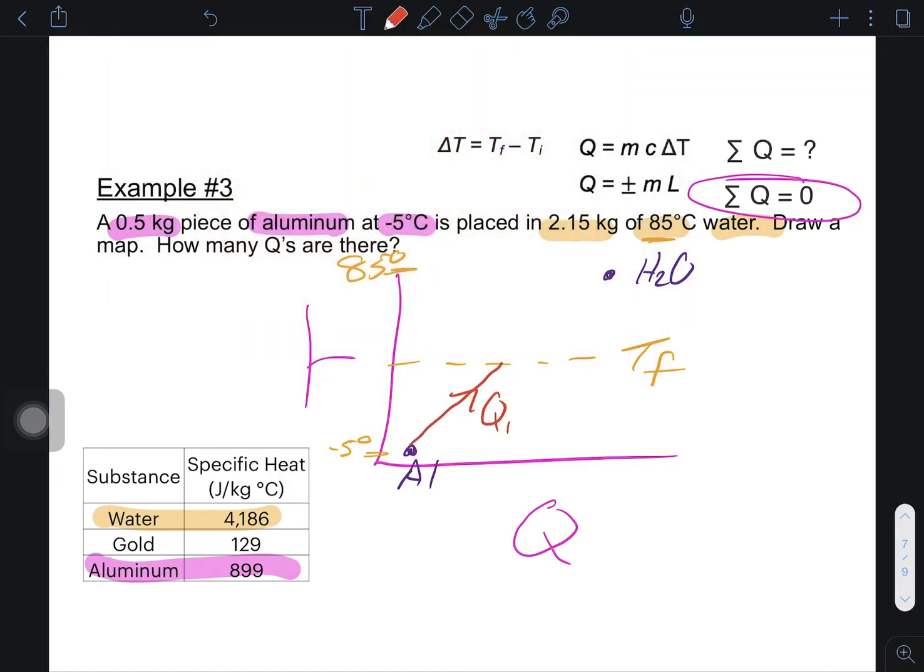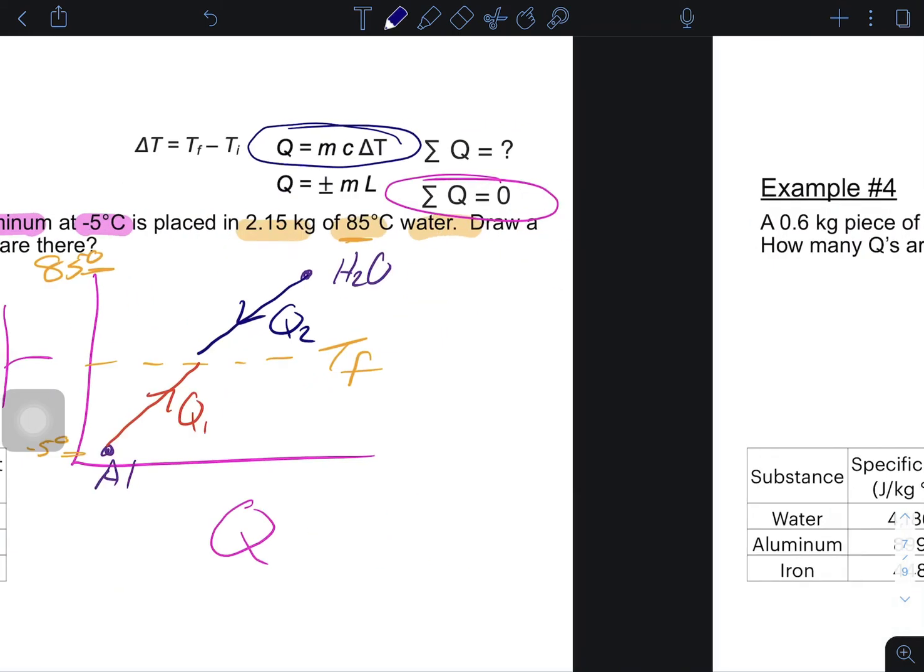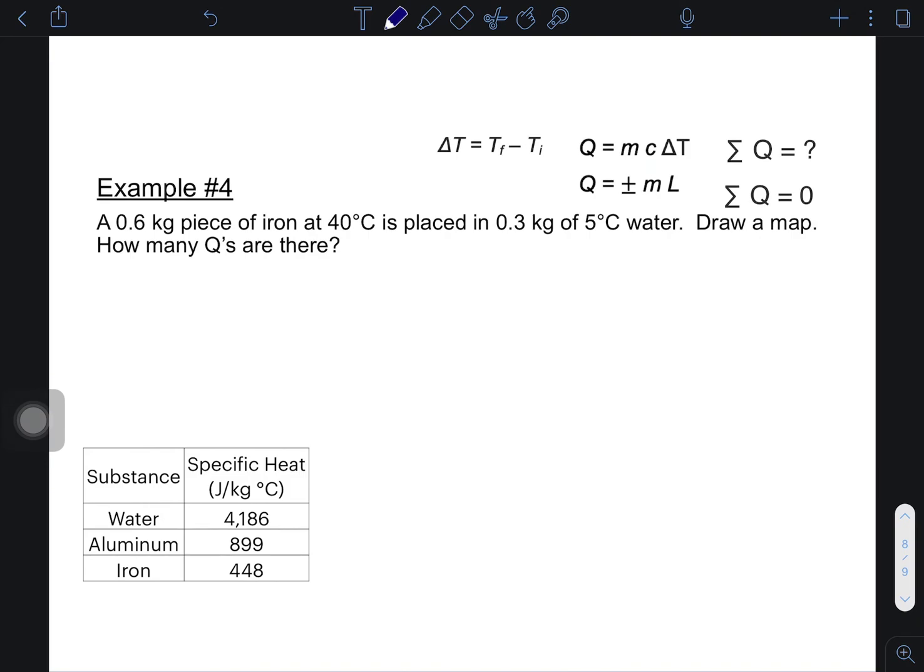It's going to heat up, and we're going to call that Q1, and my water is going to cool down. We're going to call that Q2. Because it's an equilibrium problem, Q1 plus Q2 is equal to 0. These are all temperature changes, no phase changes this week. Okay, so that's that.